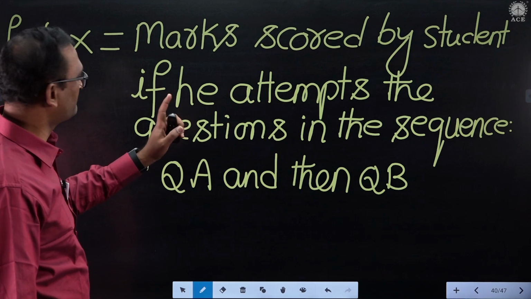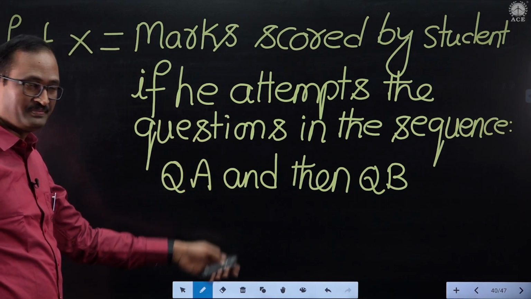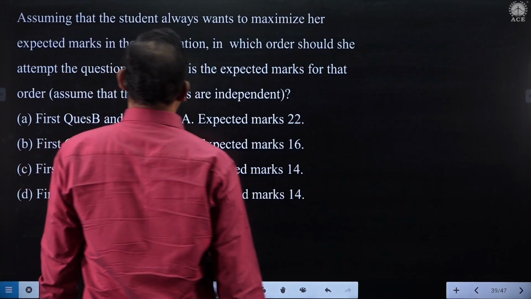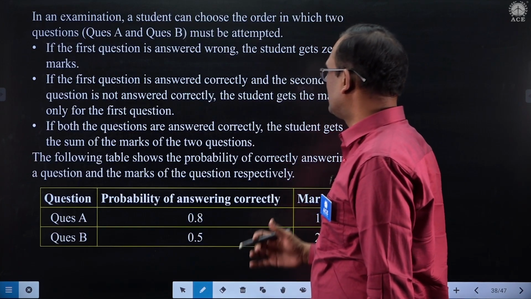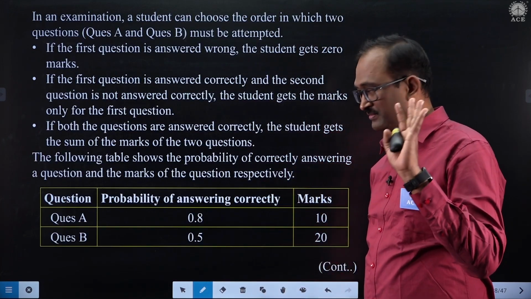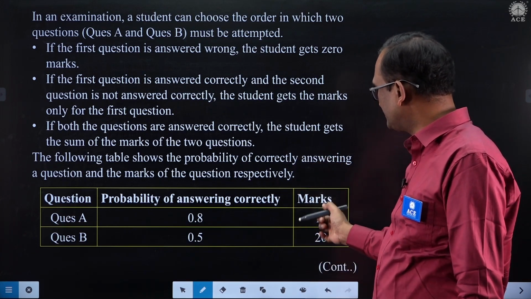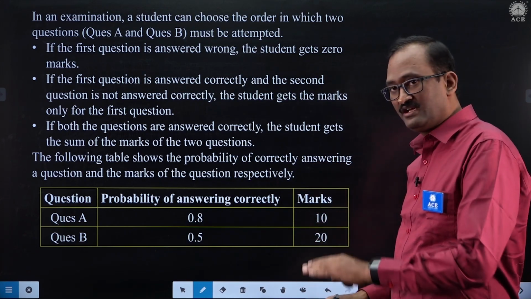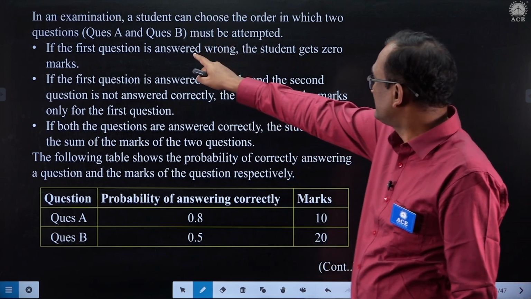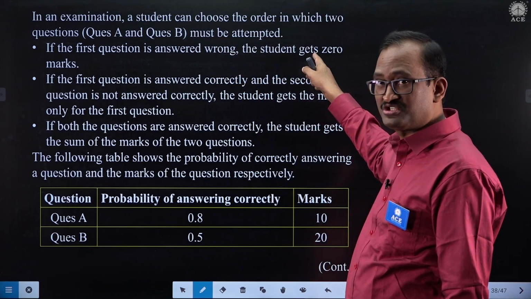Remember, we are attempting question A first and then question B. Suppose question A is wrong, he will get 0 marks. If first question is attempted wrong, then student gets 0 marks.